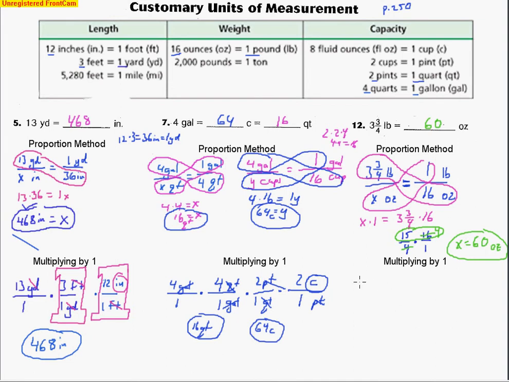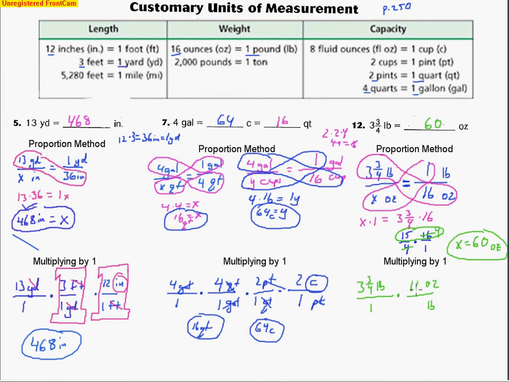And so it would work this way, 3 3/4. And we're in pounds. And so we want to cancel out pounds and get to ounces. So we're going to write that as a fraction, and then we're going to write the conversion factor. The conversion factor, we want the pounds to cancel. So now we put the pounds diagonal because we want those to cross cancel. And then we put ounces on top.